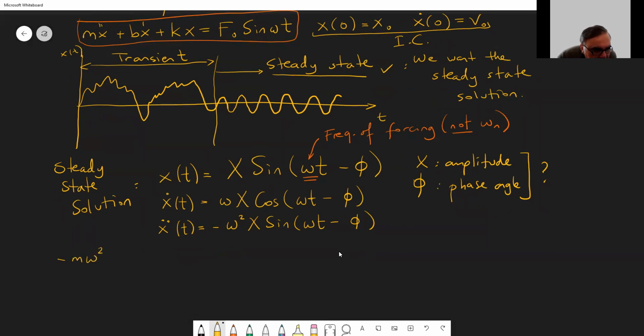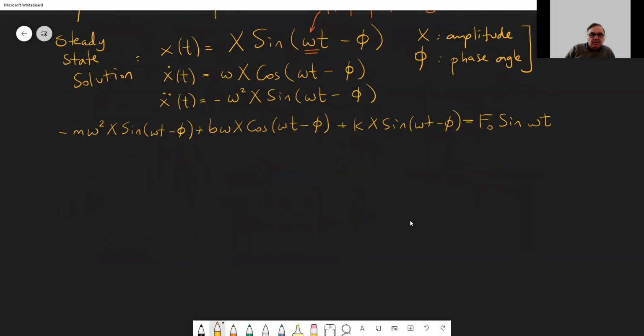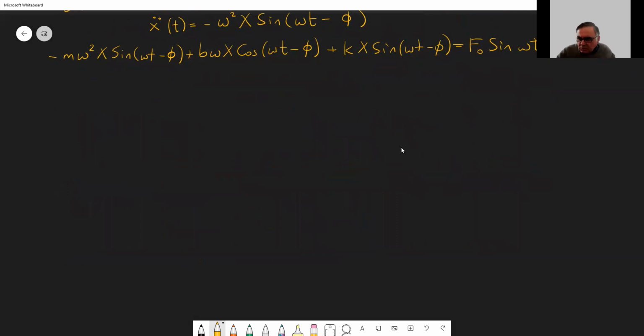Minus m omega squared X plus f0. Then what we do is we have the trigonometric identities, as you might remember.